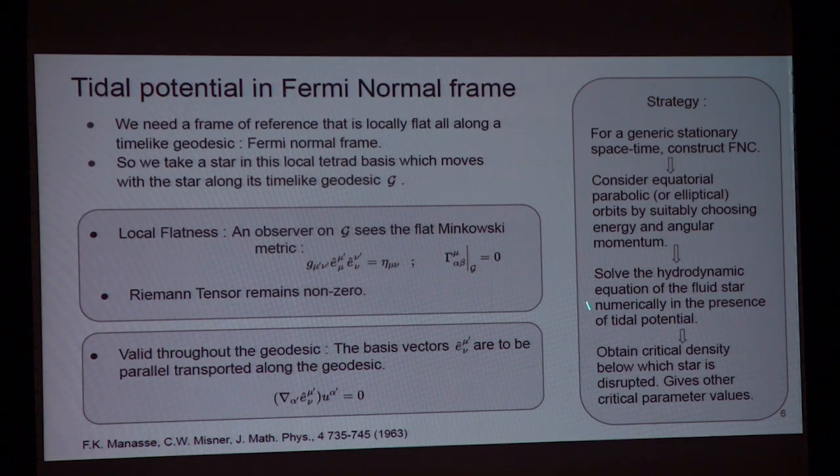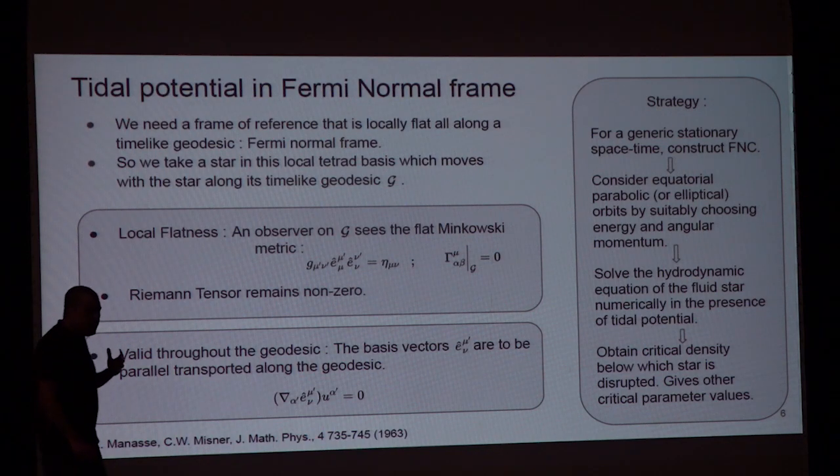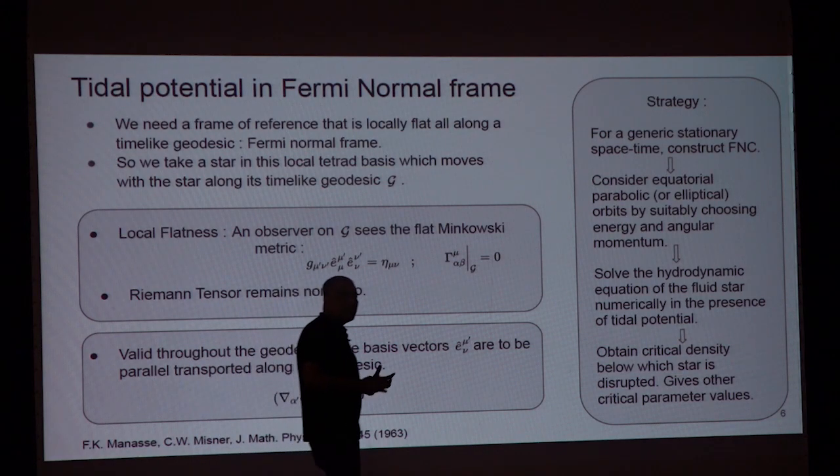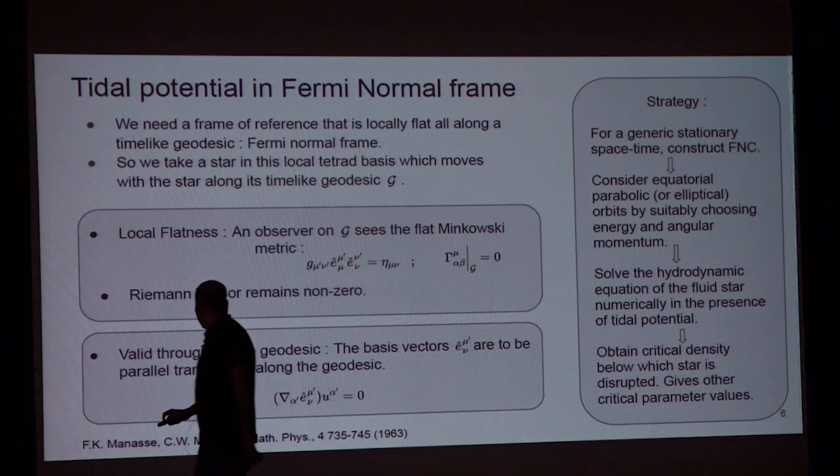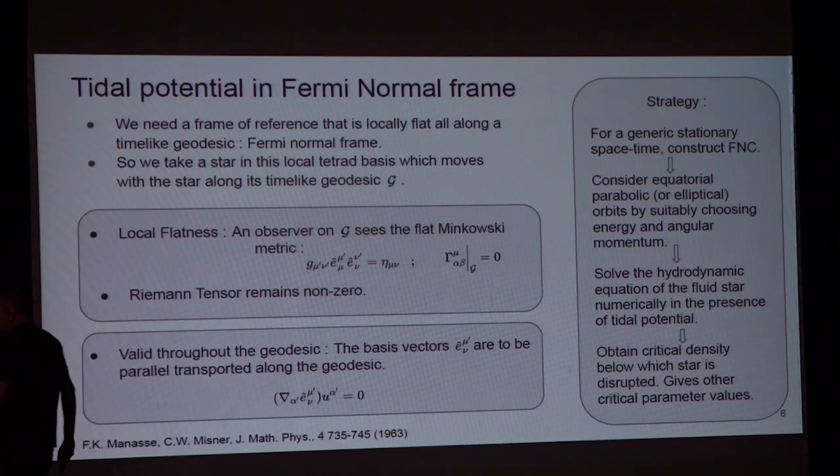Then you solve the hydrodynamic equation of the fluid star numerically in the presence of the tidal potential. That's the only new thing which comes in. The tidal potential will add to the hydrodynamic equations, and then you obtain a critical density below which a star may be disrupted, and this will give you values of other critical parameters, like a critical mass or a critical radius, and there are various stellar relations which you can then use to compute when the star is getting disrupted.